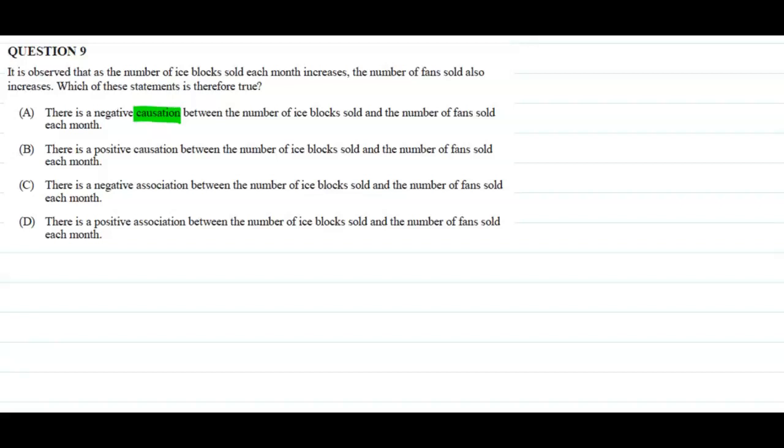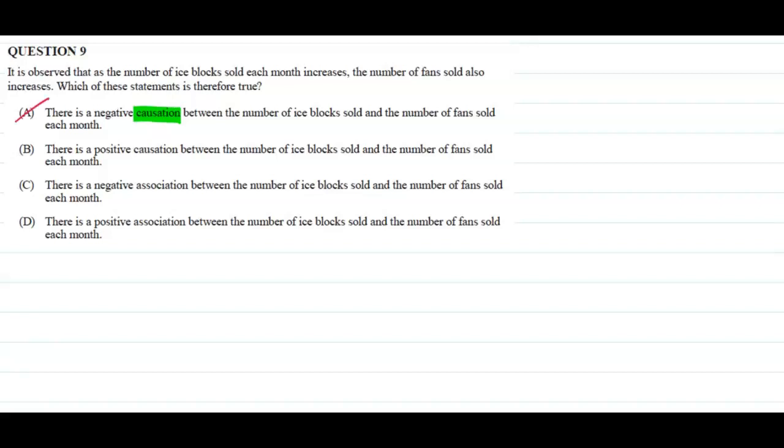A scatter plot can never show causation, right? It shows association and it shows correlation, but those two things do not lead to causation. So any questions that you'll face within your test where it's saying there is a negative causation or there is a positive causation, you can reject those straight away.